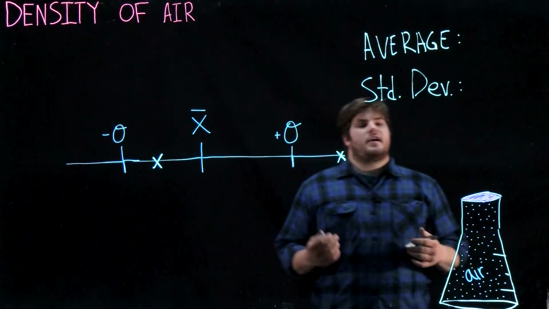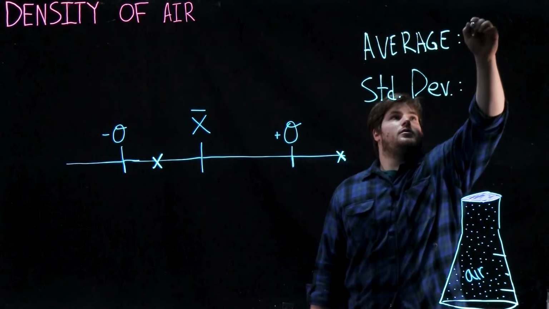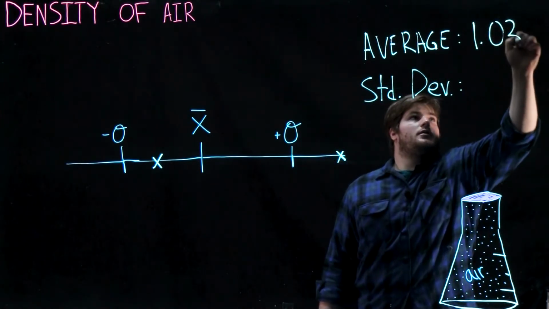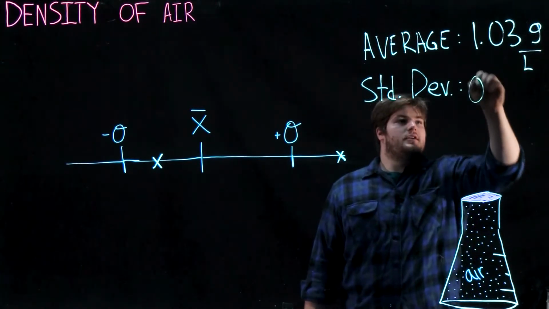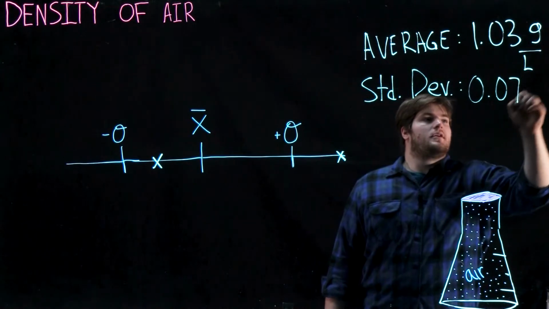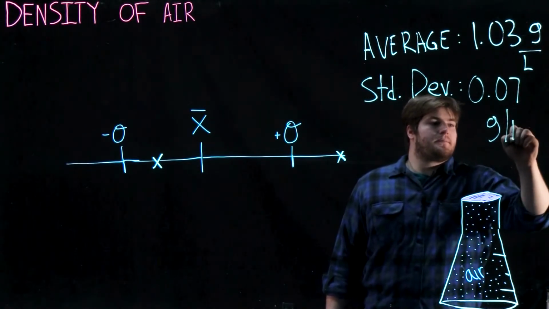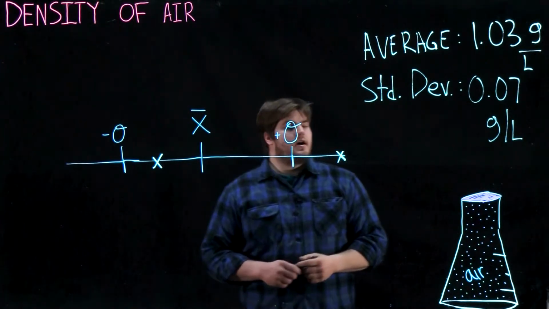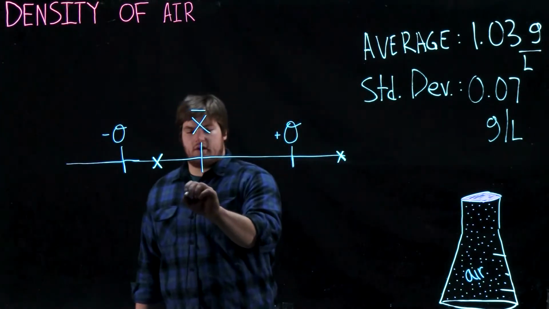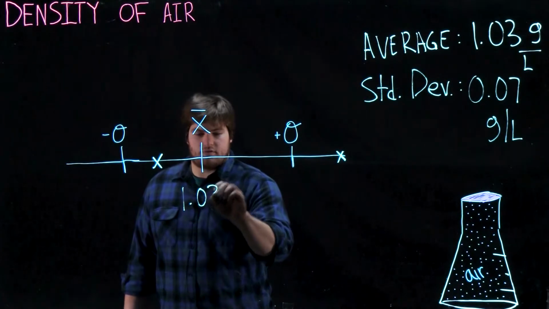So let's say, for example, our average was 1.03 grams per liter, and our standard deviation was 0.07 grams per liter. And remember, our standard deviation is the same units as our average. So using those values, we can go back to our scale and say that this is 1.03.